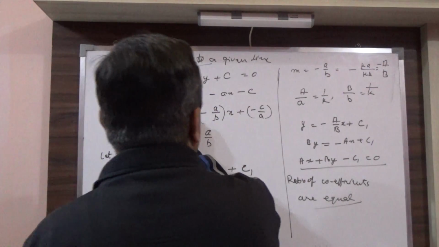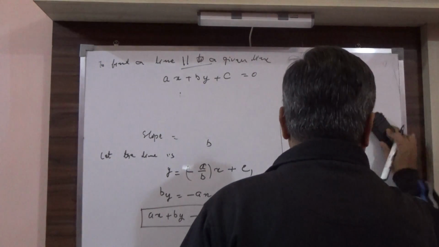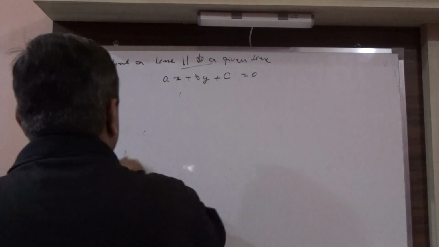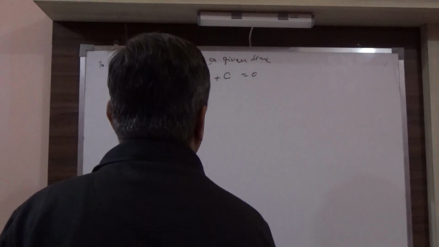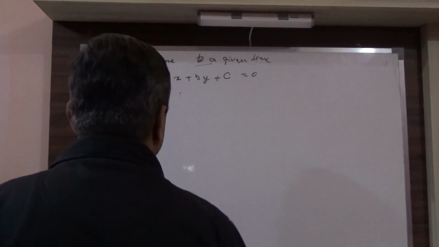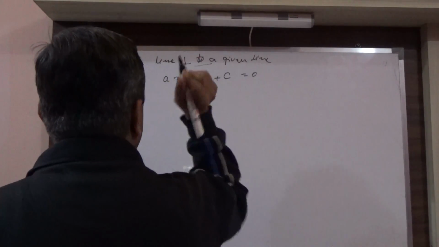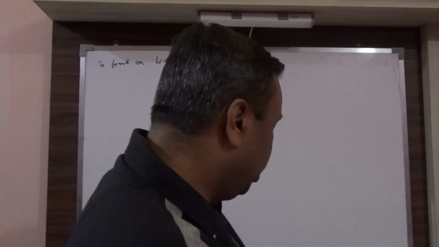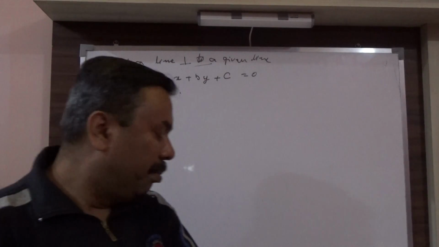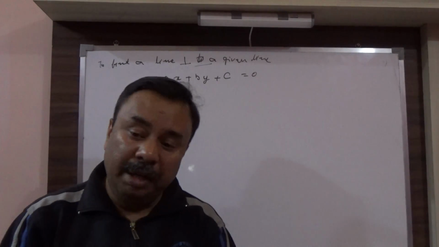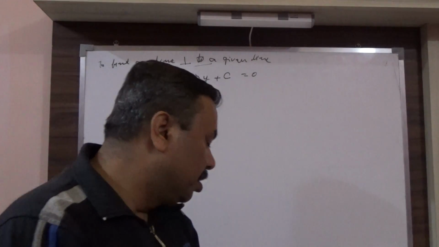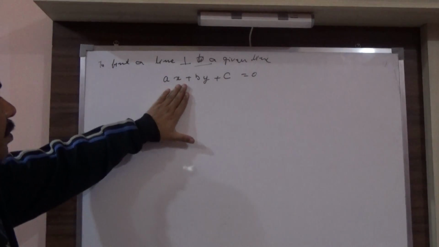Now I will go for the perpendicular lines. What if the lines are perpendicular? Finding out the equation of the perpendicular line. So obviously I have got this.